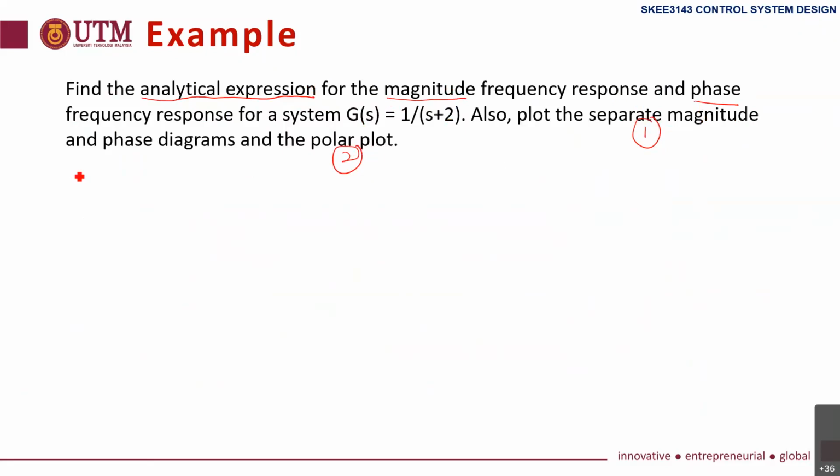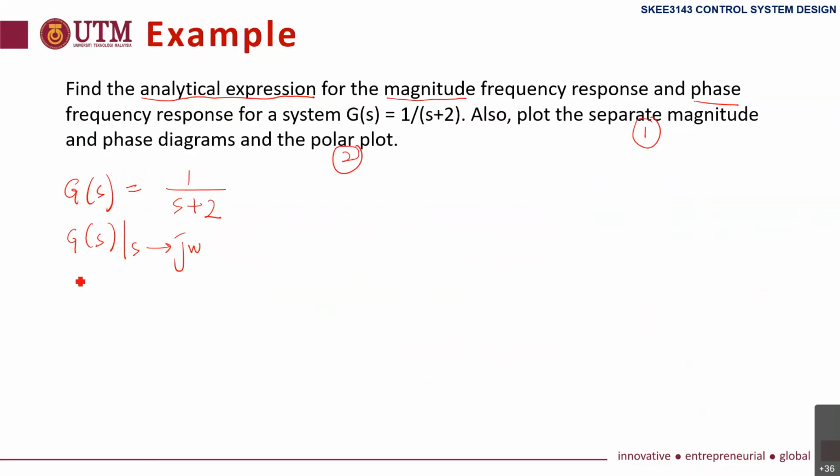And when we have G(s), this is the transfer function. In frequency response, first we have to transform into omega. It can be transformed by substituting s with j omega.